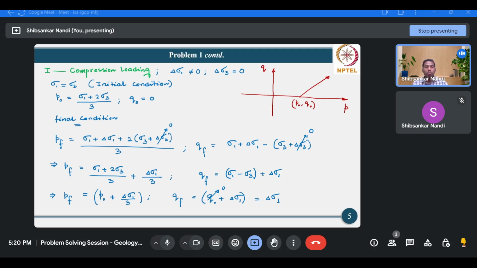Now what will be the slope of the stress path? The slope would be, so delta sigma 1, so these are the increments.